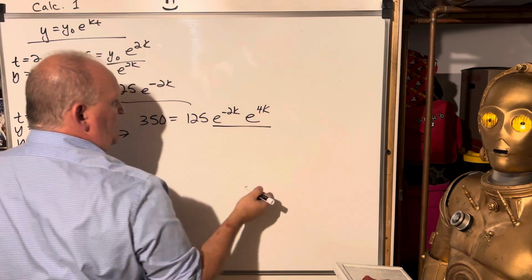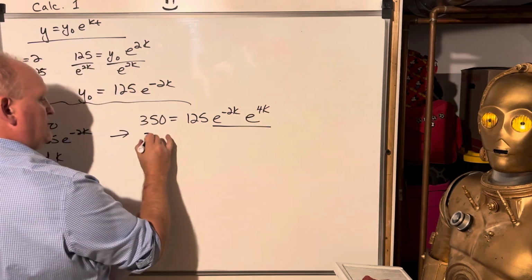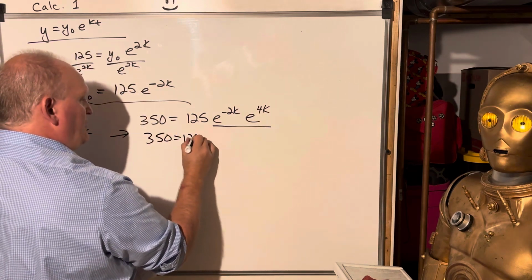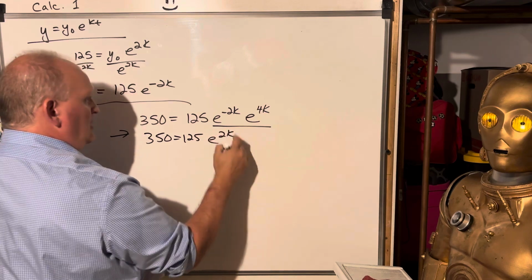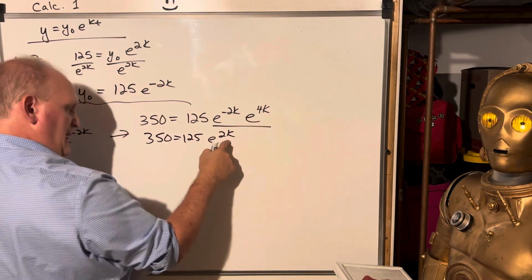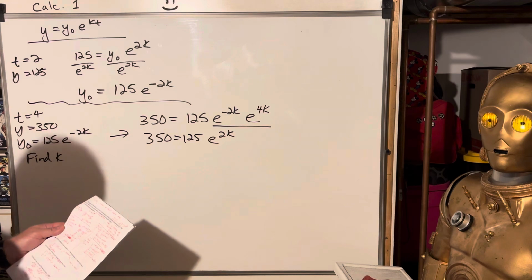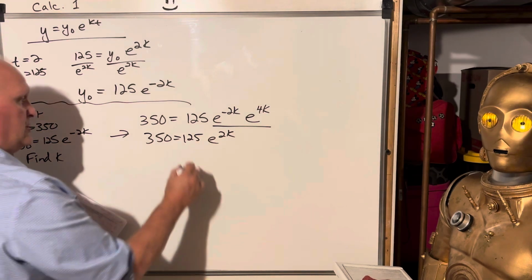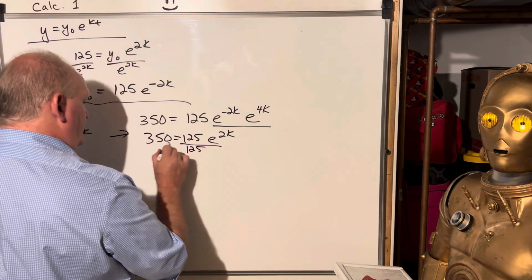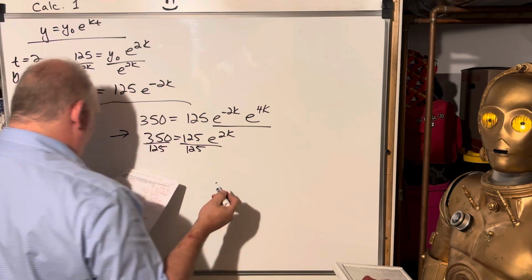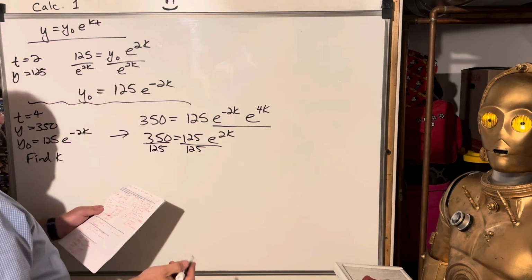So those are like bases, so we can add exponents. So we got 350 equals 125 e to the 2k. Negative 2k plus 4k is positive 2k. Then divide by the 125, and divide by 25, top and bottom. That'll reduce to 14/5.